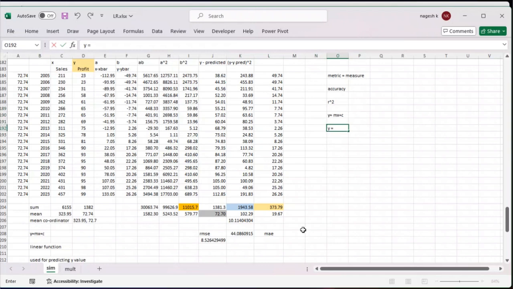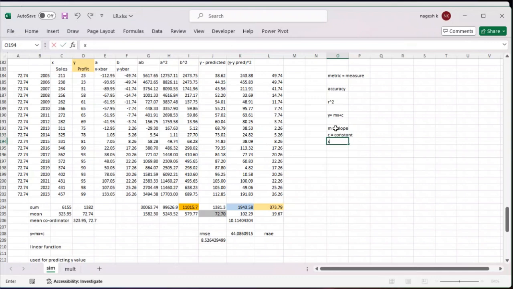If we want to know y, it is a function of mx plus c, where x is the variable and c is a constant, and m is the slope.